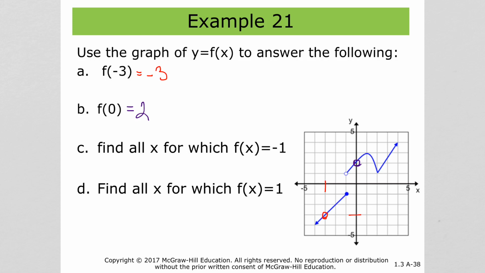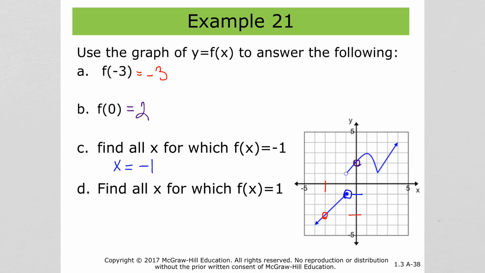Find all x for which f of x is negative 1. So that's saying find the x's where y is negative 1. So the only place where y is negative 1 is right here, and that's where x is negative 1. Find all the x for which f of x is 1. So that's where y is 1.